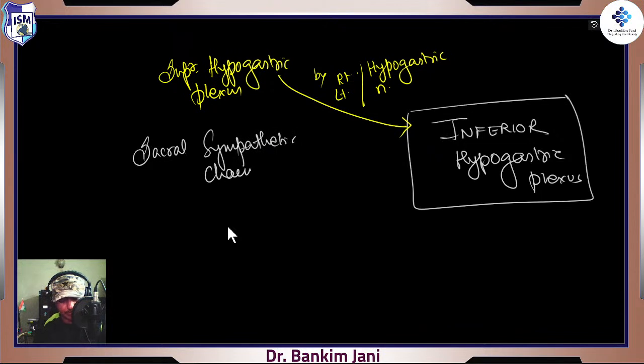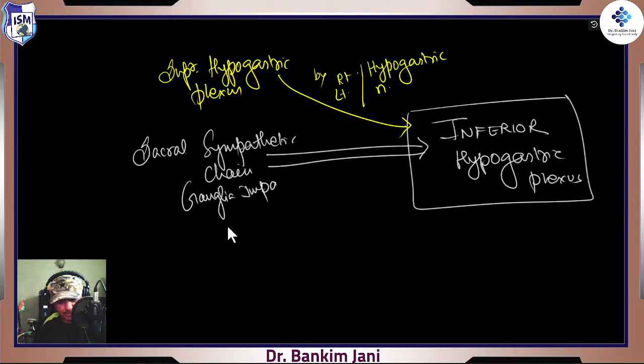The sympathetic chain. So this is the main contributor. Yes, the same, that ganglion impar, right? Ganglion, it cannot be ganglia. So that is impar, right?